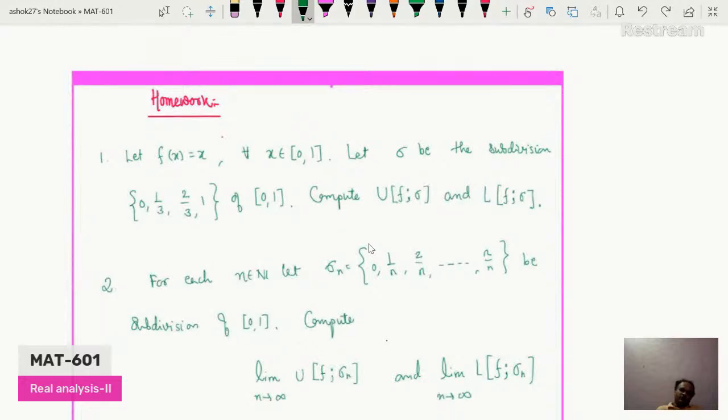Let sigma be a subdivision containing four points: 0, 1/3, 2/3 and 1. You have to compute the upper sum and lower sum of f with respect to sigma.